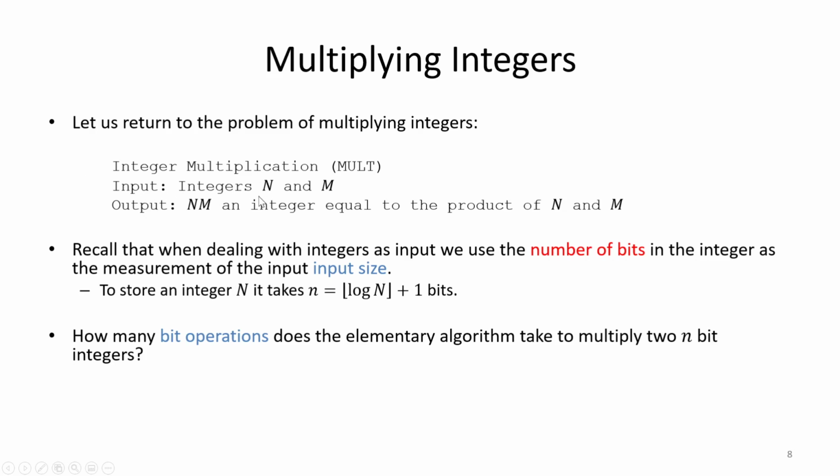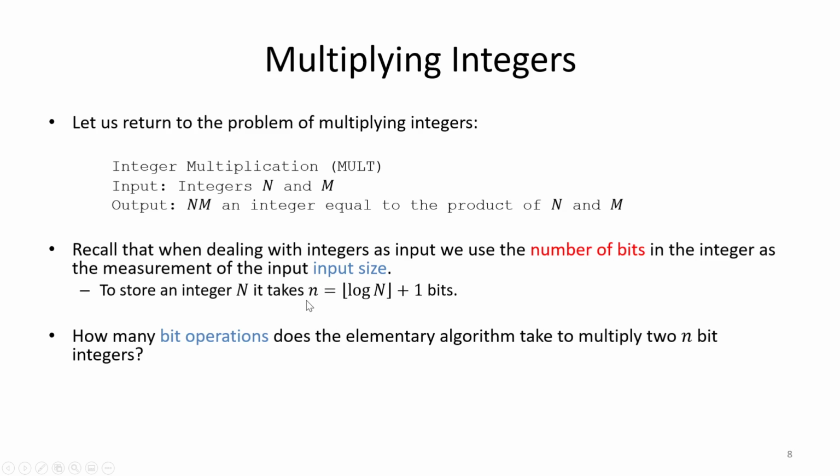So we don't want to confuse ourselves and say that n is n big. That's not true. If we want to consider how many bits it takes to write down, if capital N is our value, then lowercase n equal to the floor of log N plus 1 is the number of bits it takes for us to write down that number.